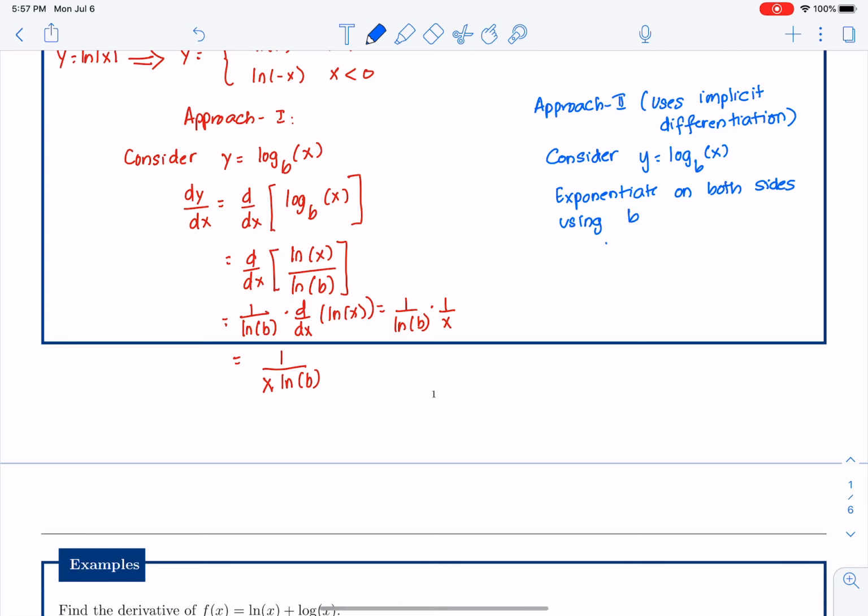And I will have b raised y equals b raised log base b of x. Those two would go away, and I'd have b raised y equals x.